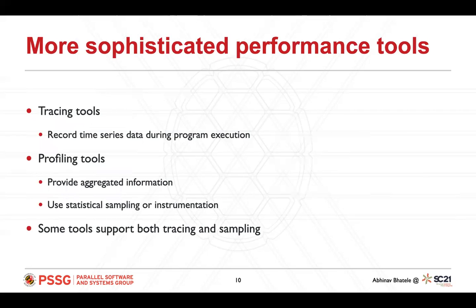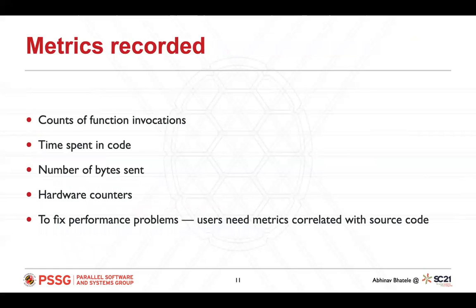There are 2 broad categories of performance tools: tracing tools, which record time series data during program execution, and profiling tools, which collect and provide aggregated information. Profiling tools often use statistical sampling or instrumentation, and we'll talk about that in a few slides. Finally, there are some tools that support both tracing and sampling, and you could use either depending on the use cases of your performance analysis.